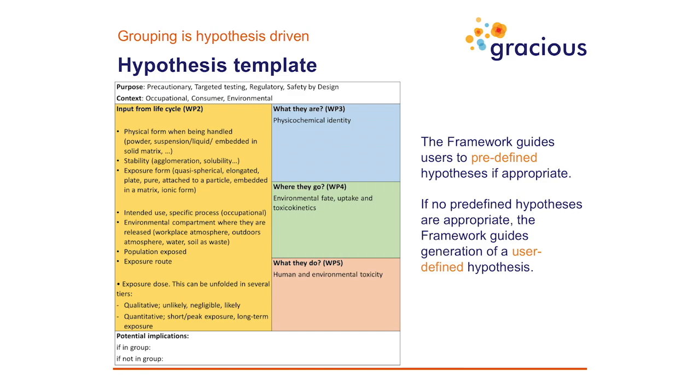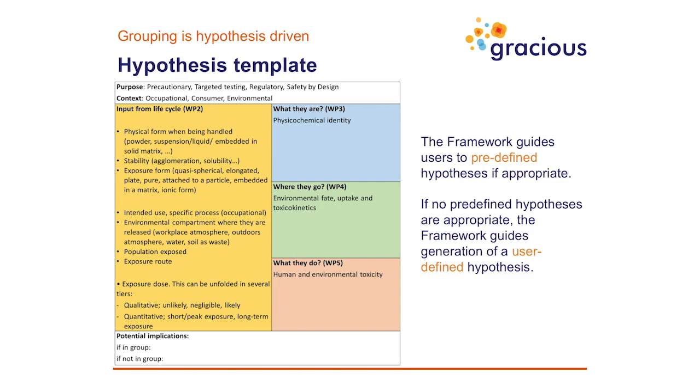And then it describes the context, so are you interested in an occupational exposure, a consumer exposure, or the environment? Then in the yellow box, we input information about the life cycle of the nanoforms, so for example the physical form when being handled, the intended use of that nanoform, and potentially information about exposure dose as well.